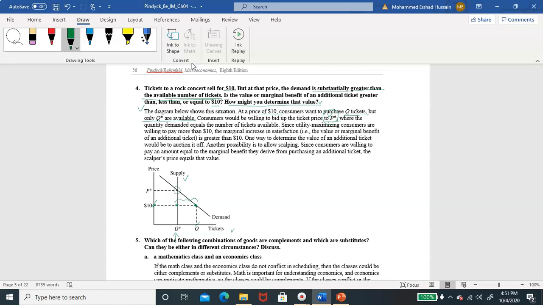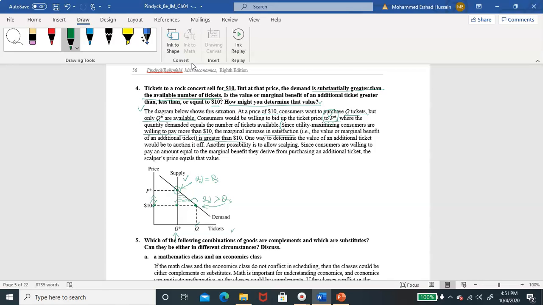When price is bid up, the size of that shortage decreases until we have the new equilibrium at the point of intersection, where quantity demanded equals quantity supplied. At $10, quantity demanded is higher than quantity supplied. Since utility-maximizing consumers are willing to pay more than 10, the marginal increase in satisfaction, that is the value of the benefit of an additional ticket, is greater than 10.